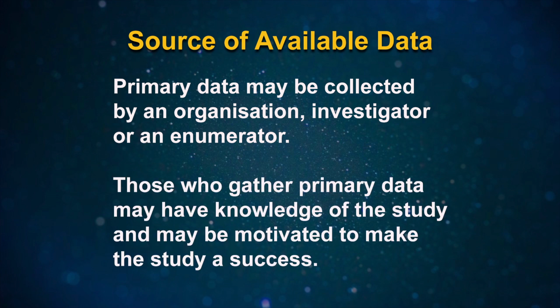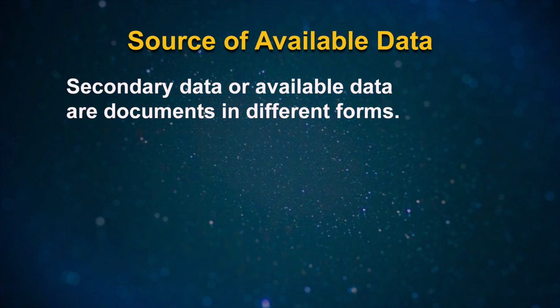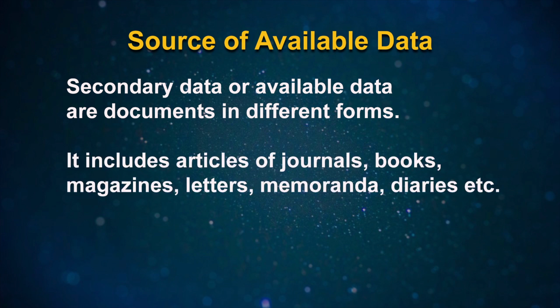Those who gather primary data may have knowledge of the study and may be motivated to make the study a success. Secondary data or available data are documents in different forms. It includes articles of journals, books, magazines, letters, memoranda, diaries, etc.